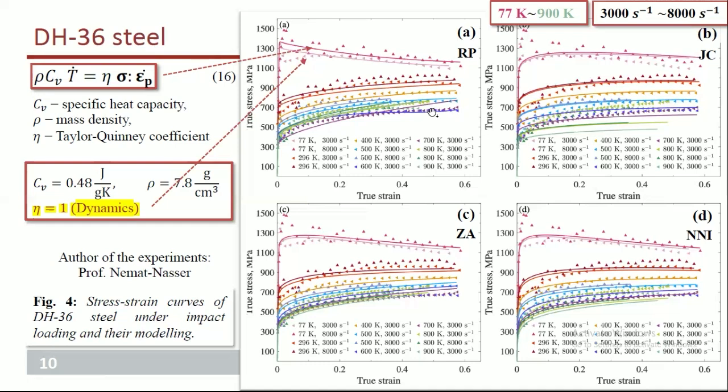This special adiabatic nature of materials can be described by equation 16, where this coefficient, named the Taylor-Quinney coefficient, plays a very important role, because it determines the fraction of the deformation energy converted into heat energy. In this case, the value of this coefficient was determined by Professor Nebenetzer in experiments.